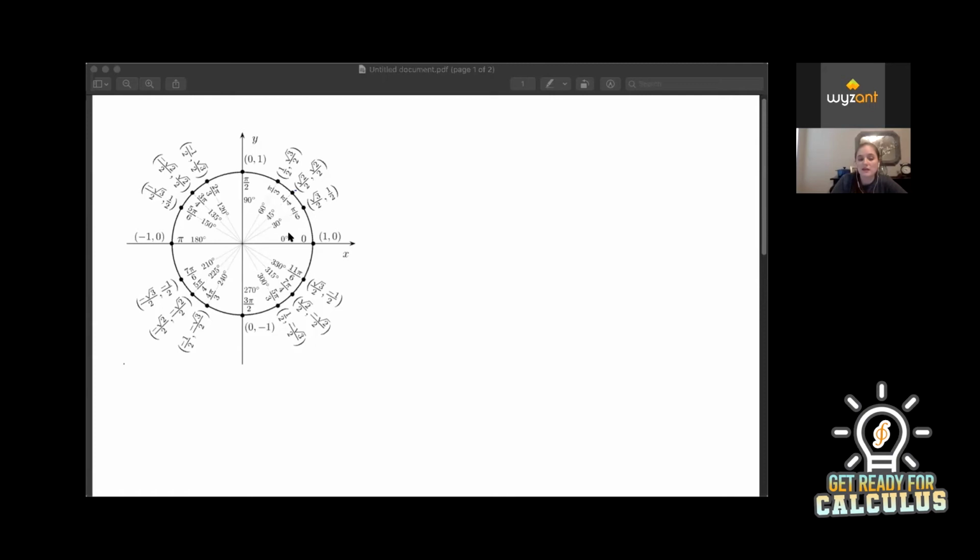One of the big things is where sine and cosine are negative. If you look, some of these are positive, some of them are negative. Since we write it out as cosine x, sine x, that's our x and y points. On the unit circle, cosine is x and sine is y.